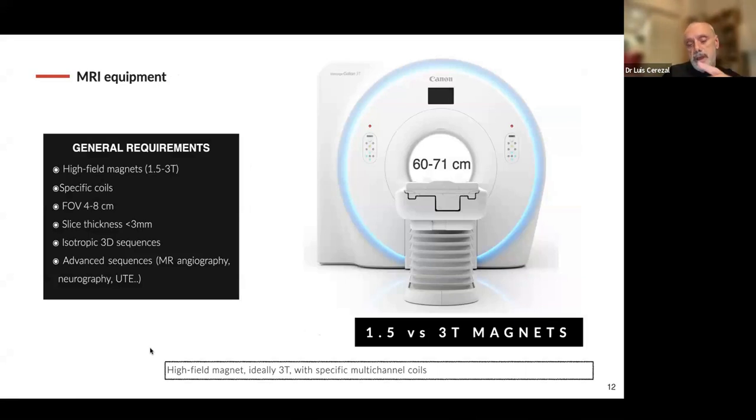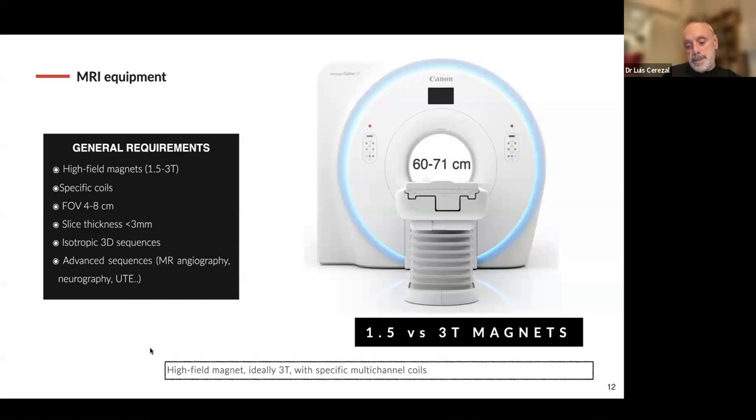With MRI, we have a lot of manufacturers and different equipment, but in general terms we can say that it's really important to have a 1.5 Tesla magnet, or better, a 3 Tesla magnet, to have high resolution and high quality studies.